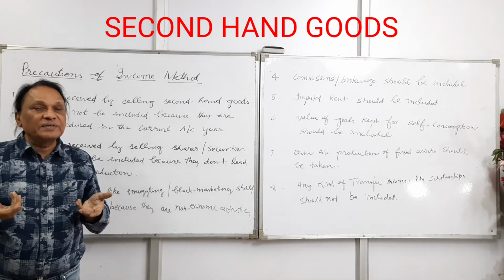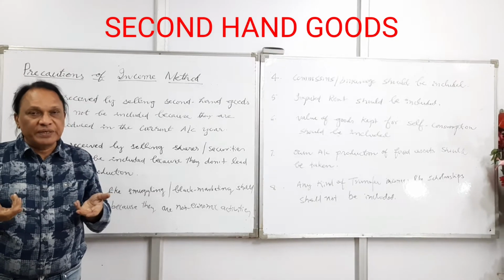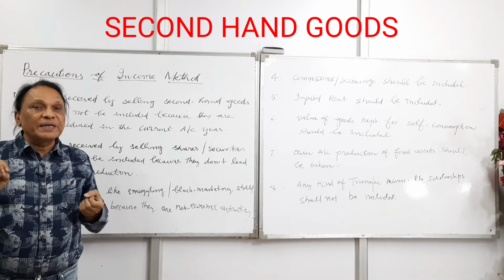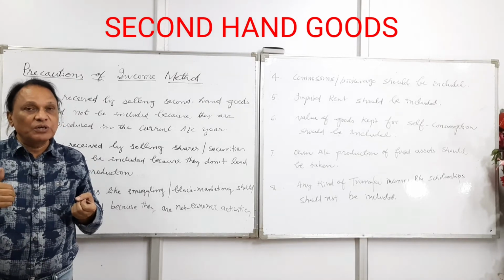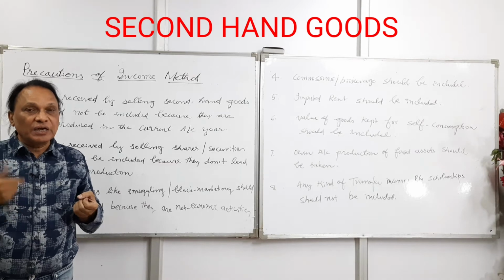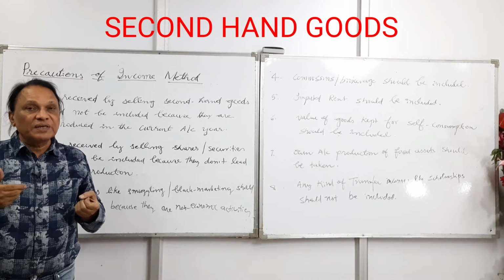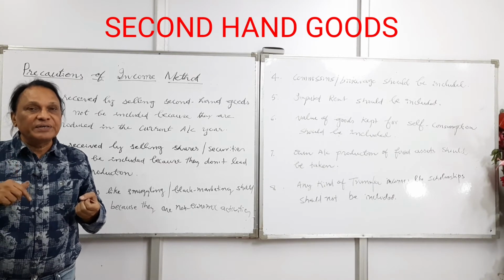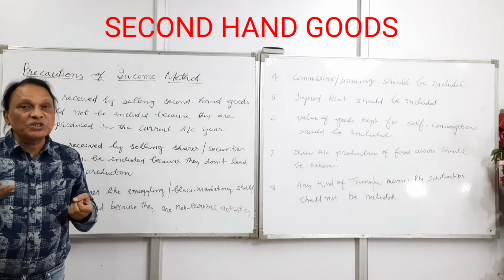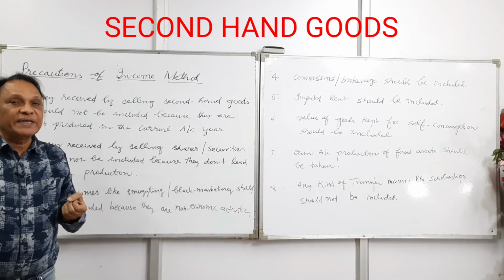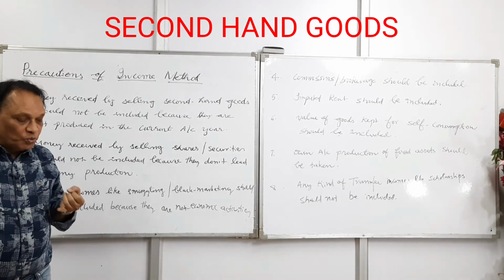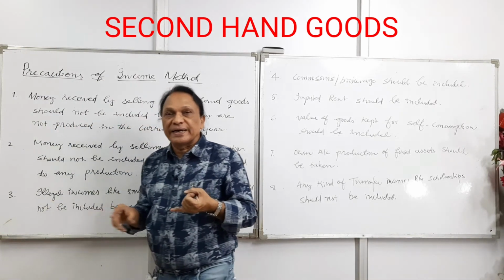This is second-hand goods income that should not be taken. So simply remember, money received by selling second-hand goods should not be included while calculating national income or national product, because they are not a part of the current year production. Their values have been taken in the year they were manufactured.